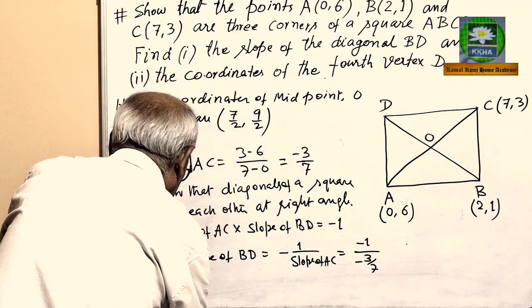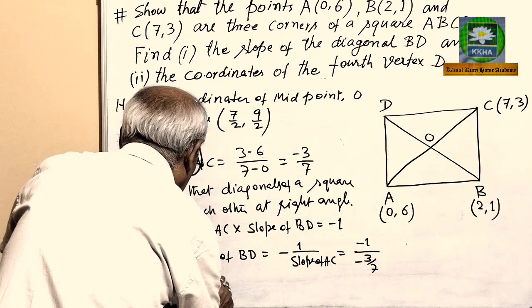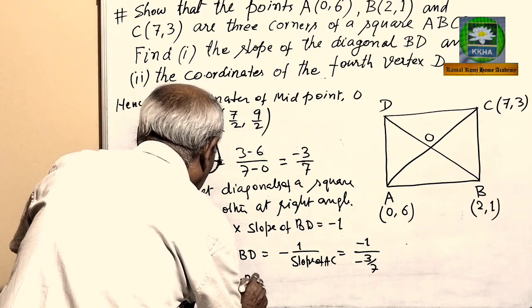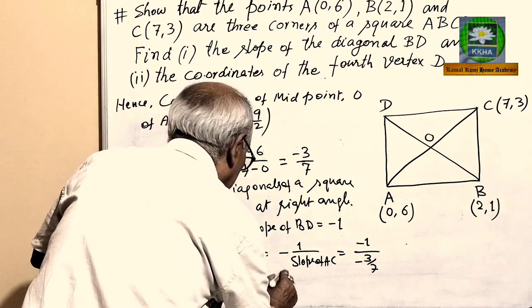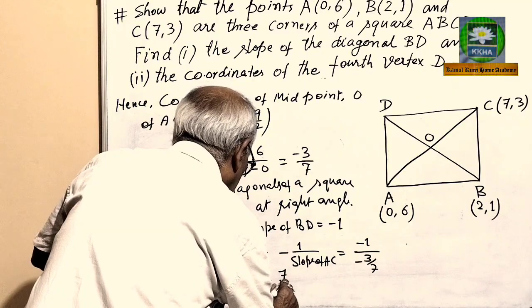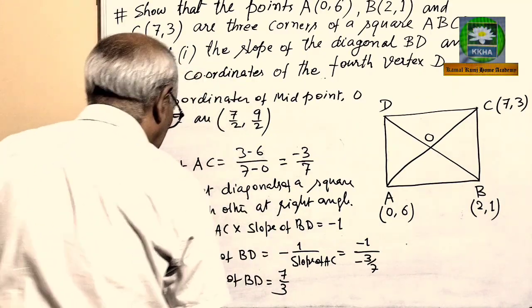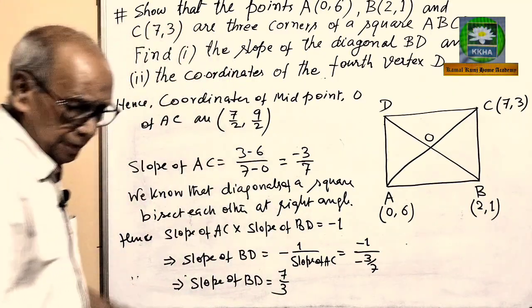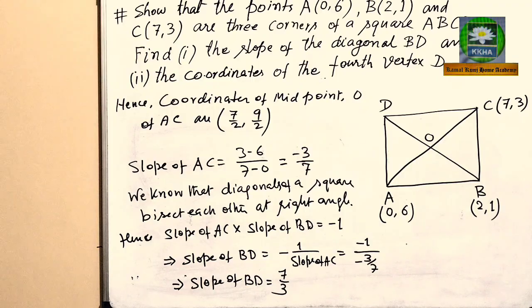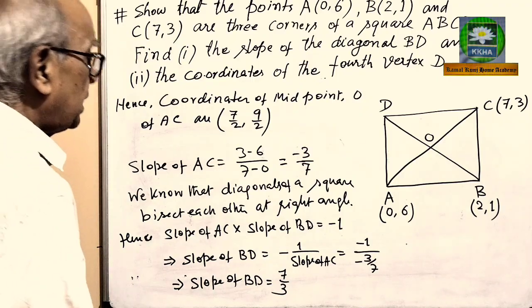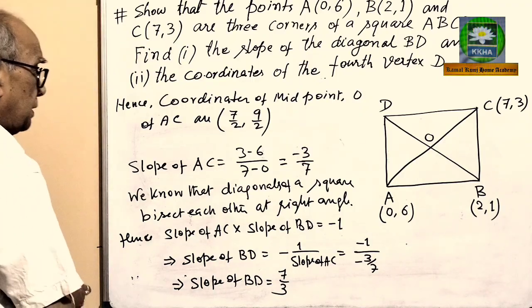This implies that slope of BD is equal to 7/3. So slope of BD is 7/3.